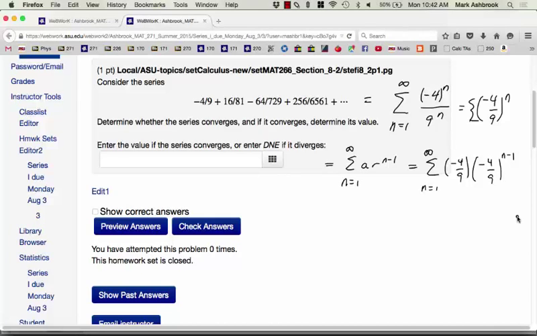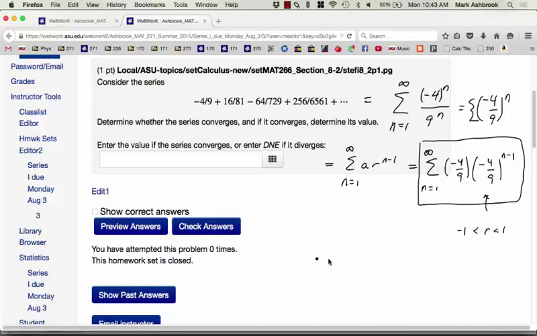Okay, convergent or divergent? So this is now exactly in our geometric series form. Convergent or divergent? Convergent, Brandon? Why? Because r is between negative 1 and 1. That's right. That's between negative 1 and 1.